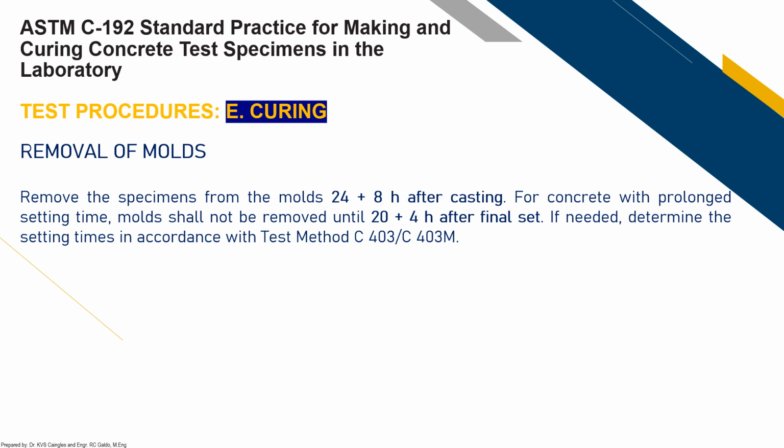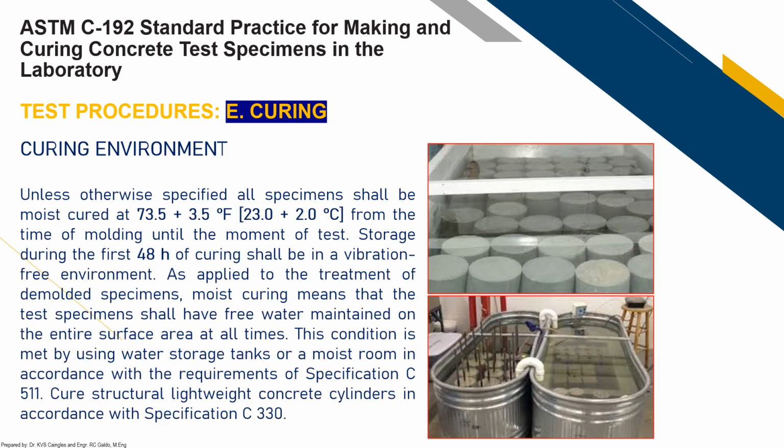Okay? So what's going to happen after you have removed the specimens from the mold? Unless otherwise specified, all specimens shall be moist cured at 73.5 plus or minus 3.5 degrees Fahrenheit, or 23 degrees Celsius plus or minus 2 degrees, from the time of molding until the moment of test. The storage during the first 48 hours of curing shall be in a vibration-free environment.